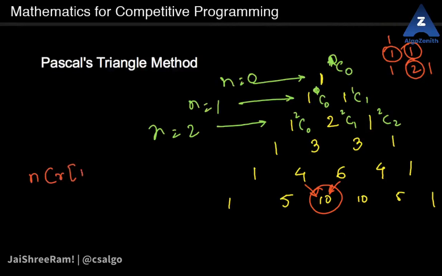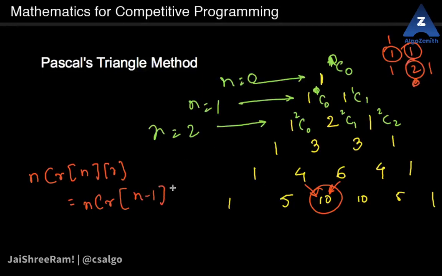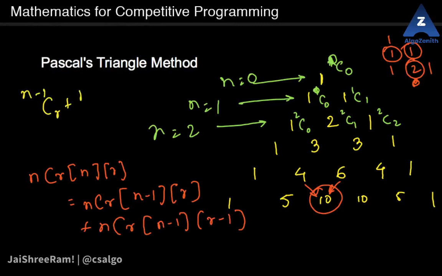This is like a 2D array we are talking about. n choose r is n minus 1 choose r plus n minus 1 choose r minus 1, right? So we know this particular relation, that n minus 1 choose r plus n minus 1 choose r minus 1 is equal to n choose r, right?